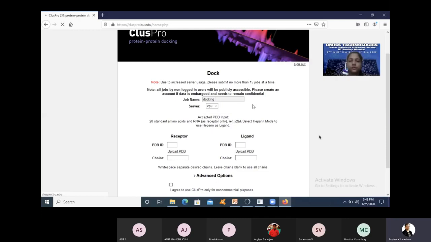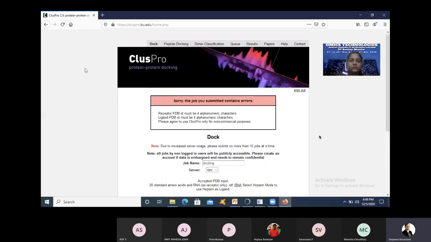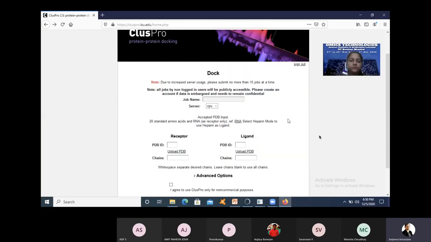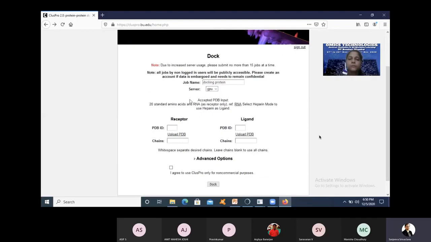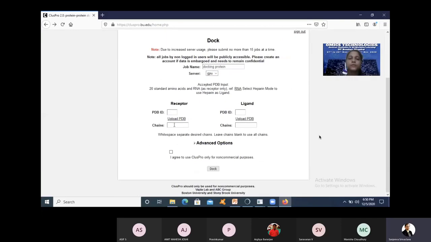So what we'll do is give a job name here. Let us just call it docking protein. And we'll make this GPU so that it is done faster. We'll go to receptor.